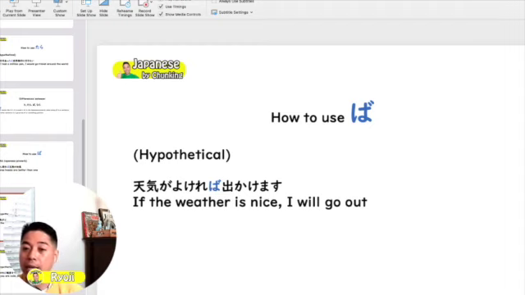天気が良ければ出かけます。If the weather is nice, I will go out.